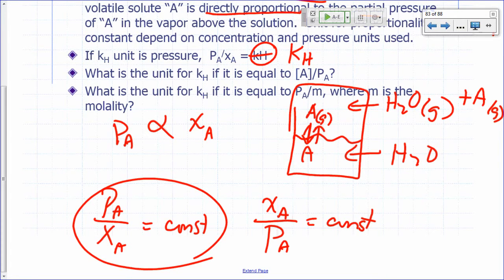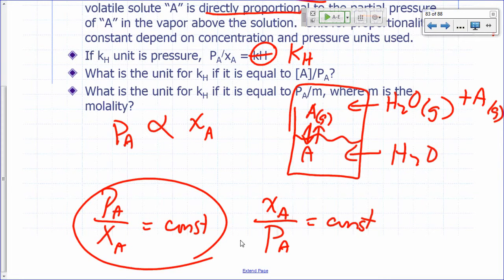The unit for K sub H depends on how you express your proportionality. What do you put in your numerator? What do you put in your denominator? When you look these constants up from handbooks, make sure you check the units, because the units will tell you how the proportionality relationship is expressed.